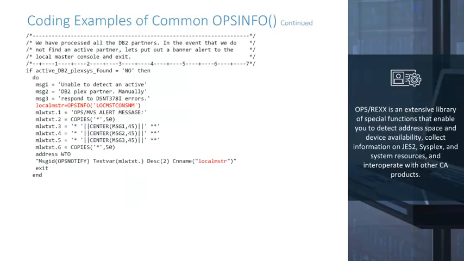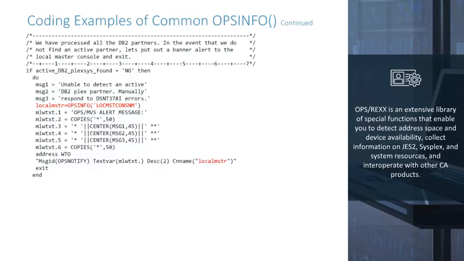Generating alert messages or MLWTO banners is common logic performed within many automated applications. More often than not, you will want to direct these alert messages to the system's master console in which the automation is executing. Rather than hardcode the name of the system master console in the address WTO instruction to direct the message to that console, you can utilize the OPSINFO local master cons name function to dynamically obtain this console name.